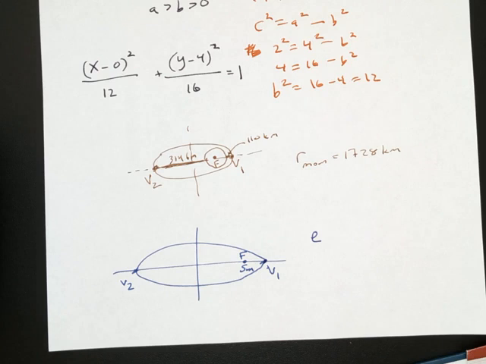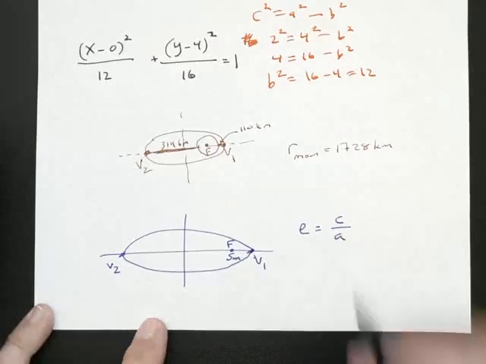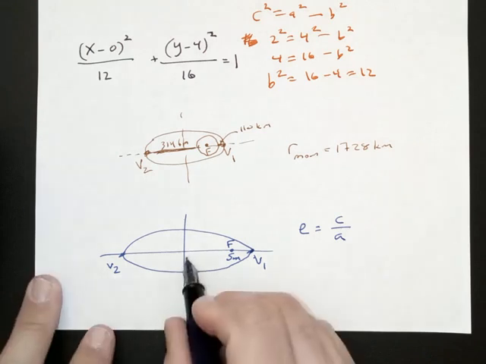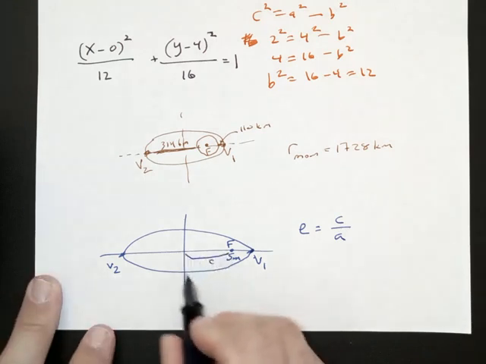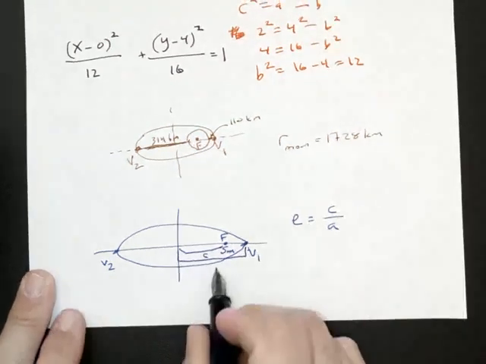But back in the Cartesian section, in section 10.5, there's another way to get e. And that is c over a. Wait a second. c is this distance, and a is this distance.